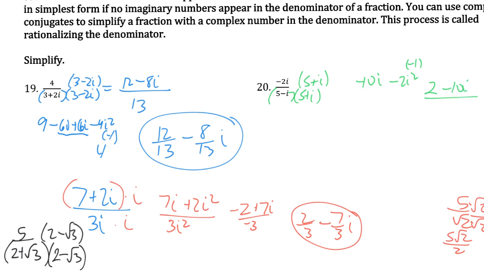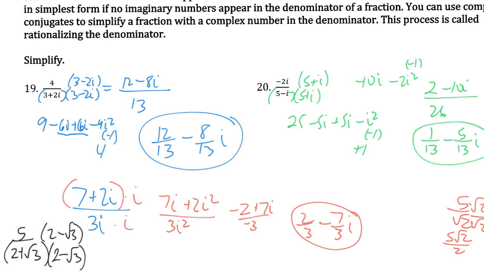Your denominator, multiplying conjugates, you get 25 minus 5i plus 5i minus i squared. i squared is negative 1, and minus a negative 1 becomes plus 1. So it's over 26. If you put each fraction over 26 and reduce it, you are going to get 1/13 minus 5/13 i. And so that will be your answer to this question.